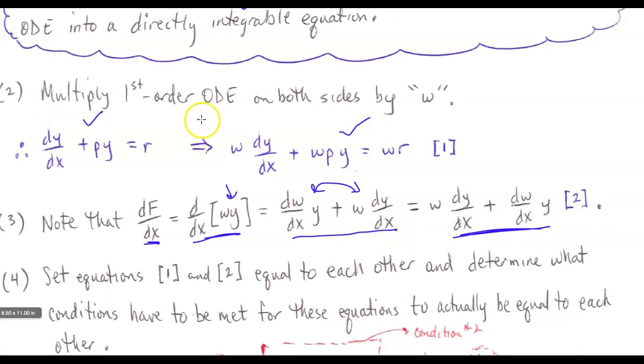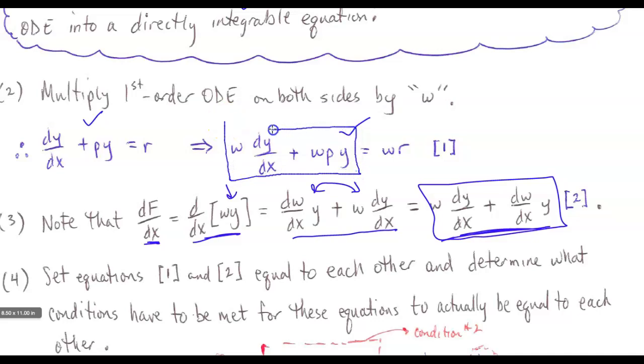Now, we see from steps 2 and 3 that what I am looking at here and what I'm looking at here looks very similar. Okay, and so our goal here in step 4 is to basically take equation 1 and equation 2, set them equal to each other so that you see if these two equations had to be equal to one another, what would have to be the same about them, term wise, in order for that to be true.